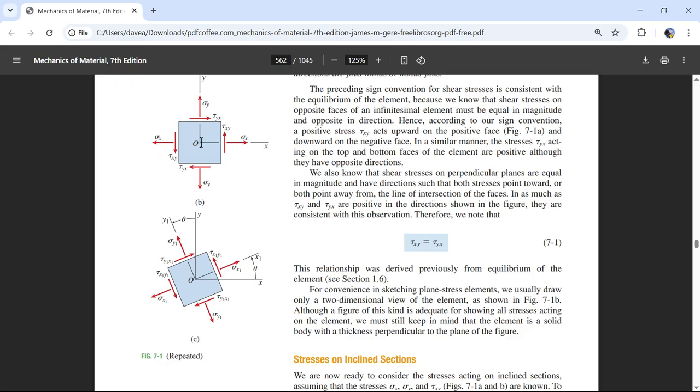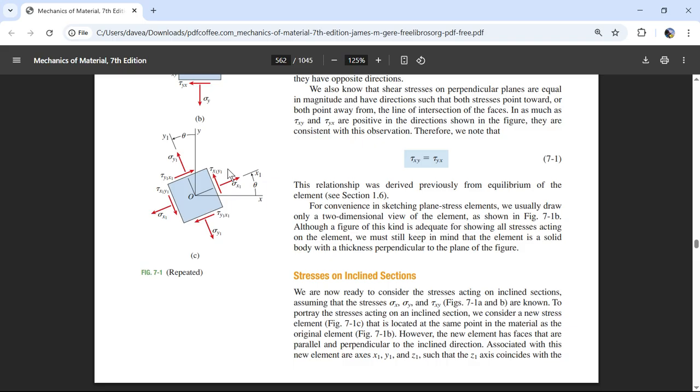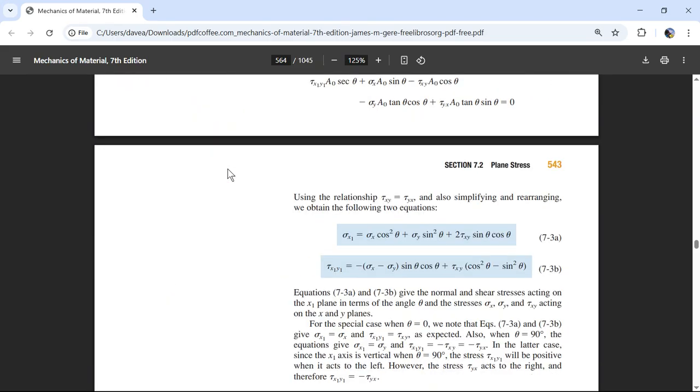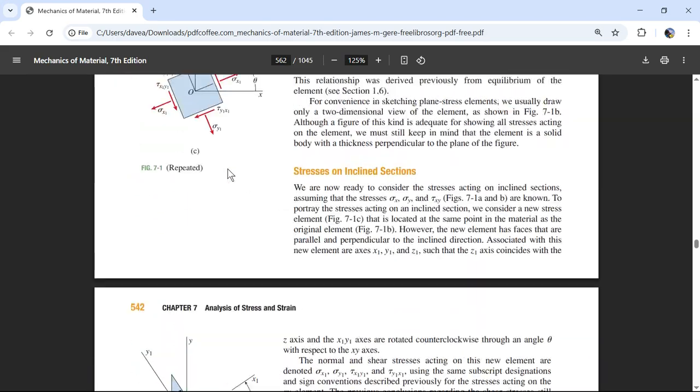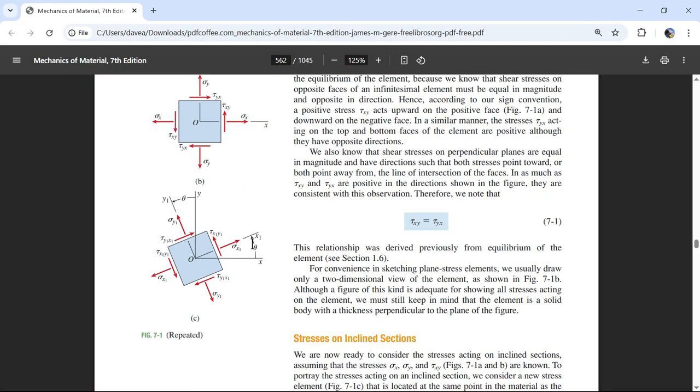But what they choose to do, which is kind of interesting, is knowing that we found x1 as a function of theta, we could rotate it up 20 degrees. We could add 90 to that, and rotate this face 20 plus 90.